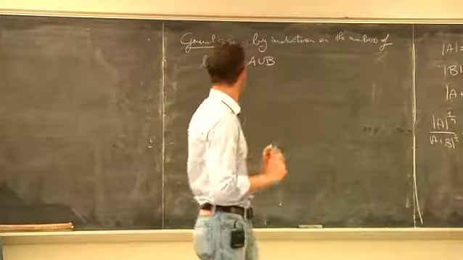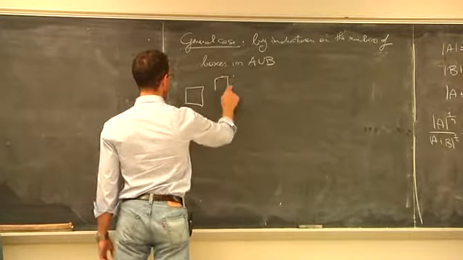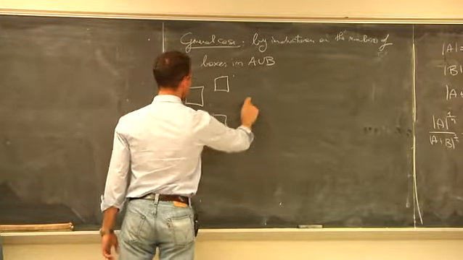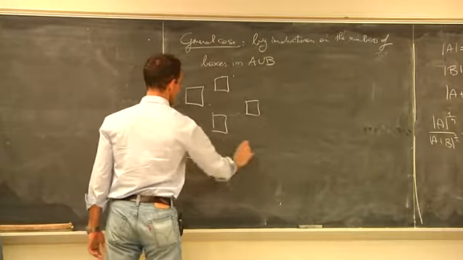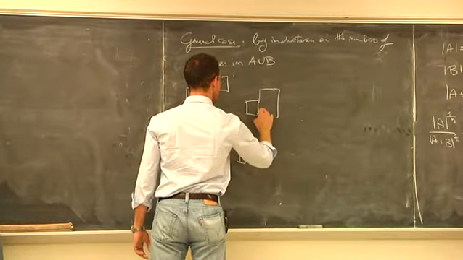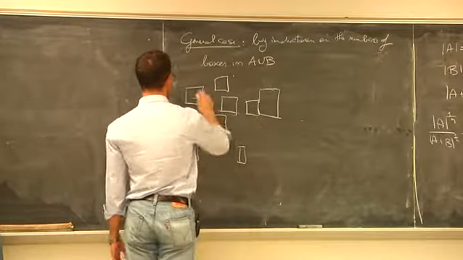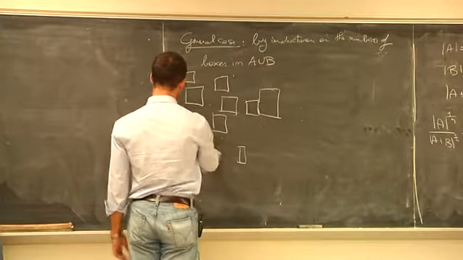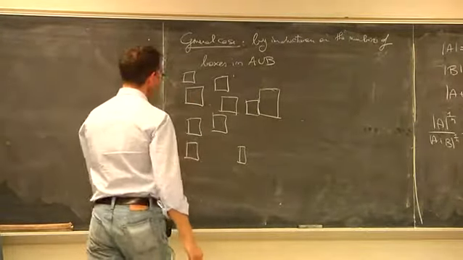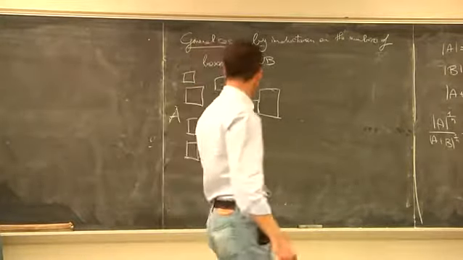Okay. So I have this case where A is something like this. It's composed of maybe boxes around. I don't know, something like this. And so this is my set A. It's a union of stuff like this.